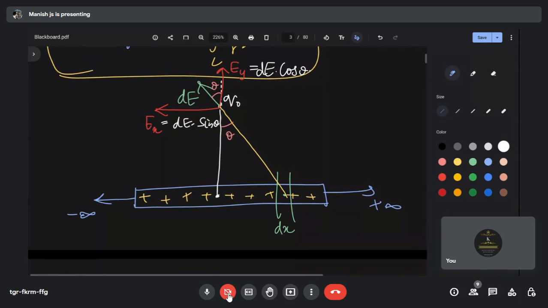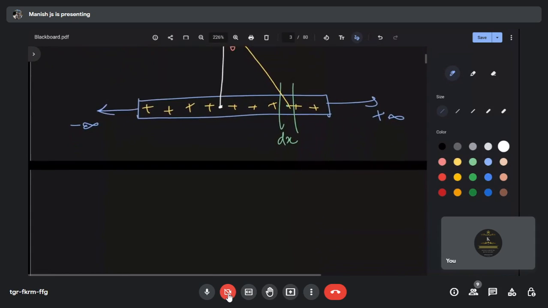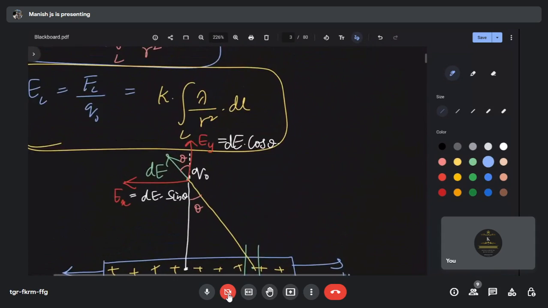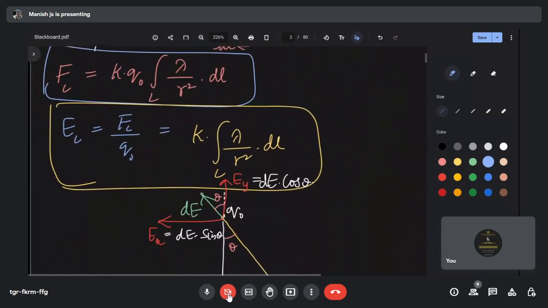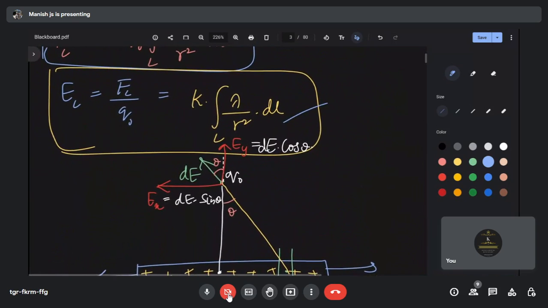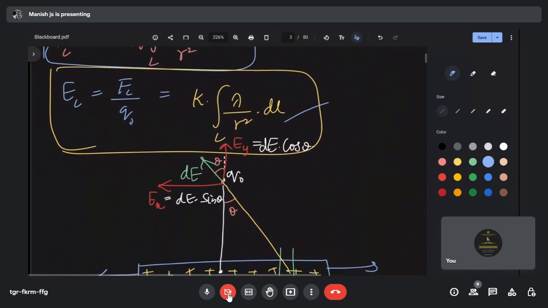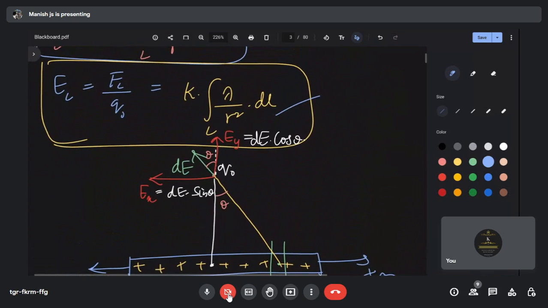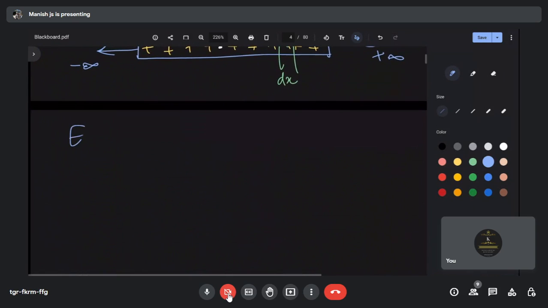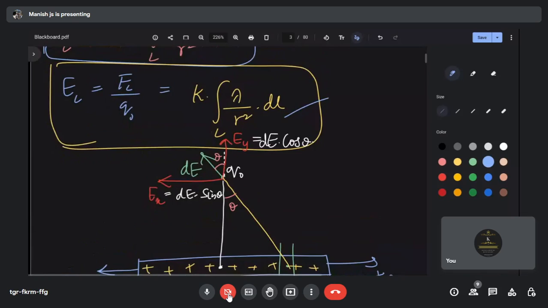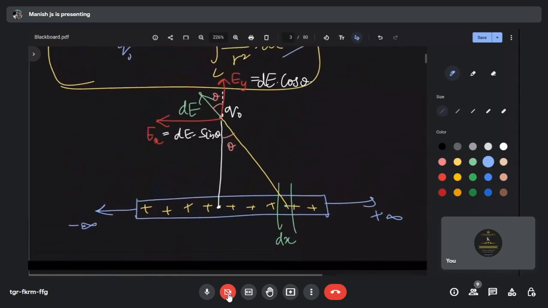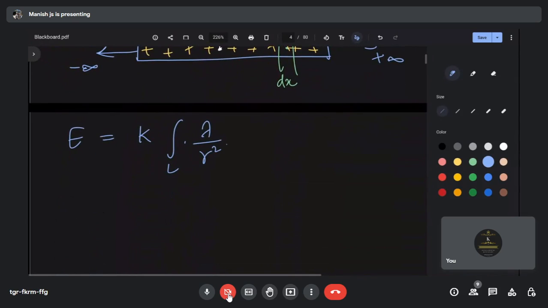Next you can go for the electric field representation. This comes under linear charge distribution. It is a wire, so we can use this formula, this relationship. Electric field E is equal to K times integration of lambda upon r square into dl.